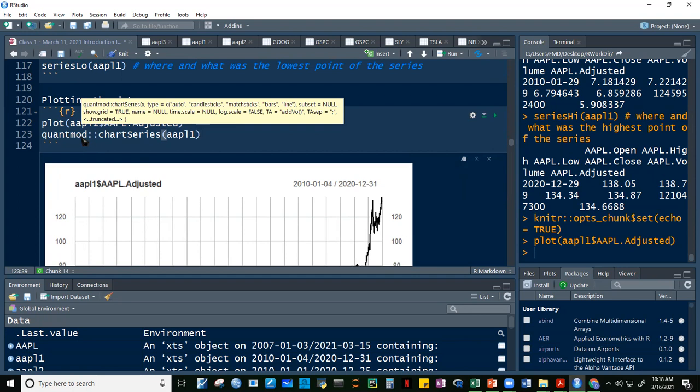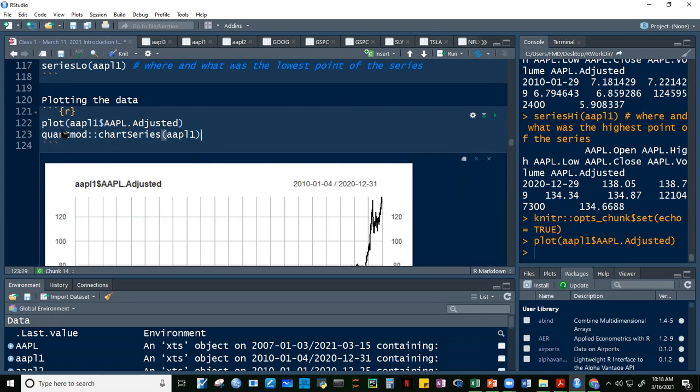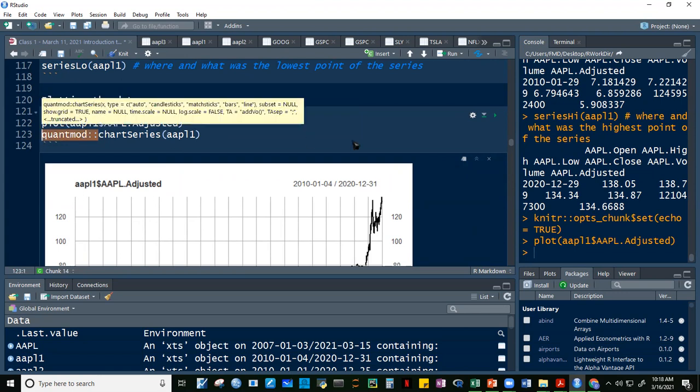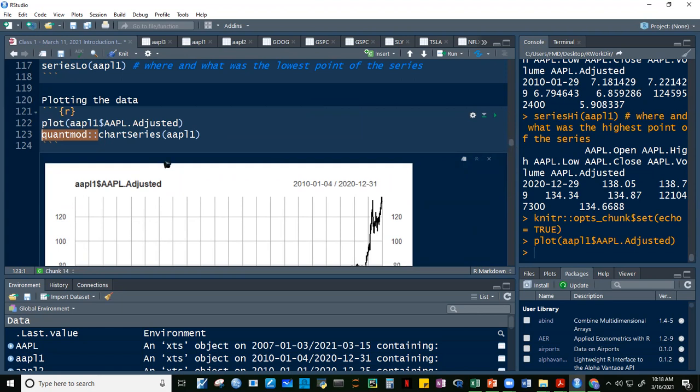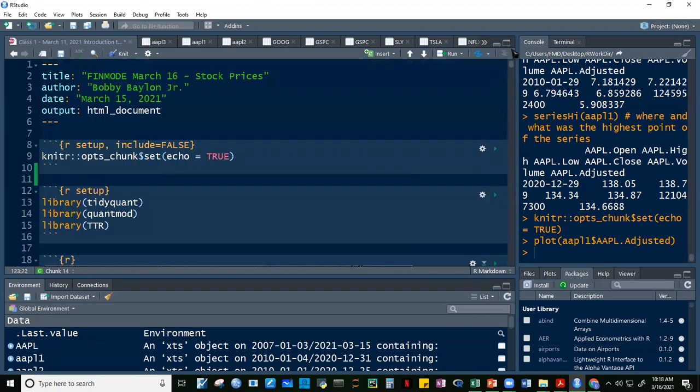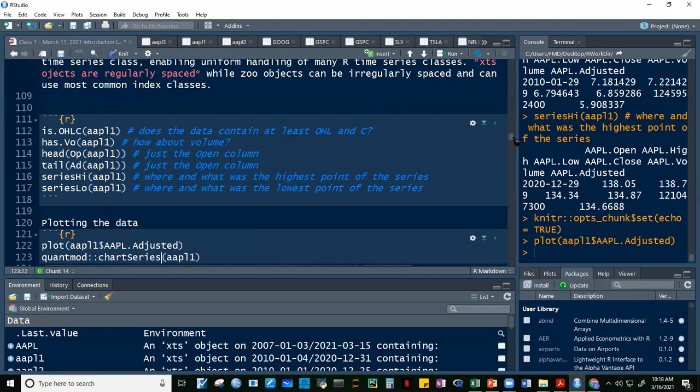So which function are we using? To identify which function, this is what we put. Quantmod, chart series. Although even if we don't put this, it's okay in this case because none of our packages has a function called chart series. What packages did we download and require earlier? tidyquant, Quantmod, TTR. So Quantmod has no competition for the chart series function. So no problem here.